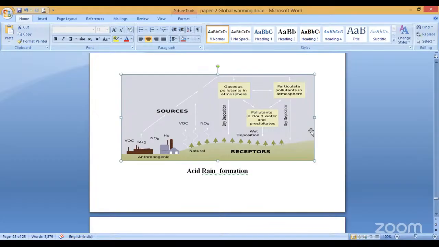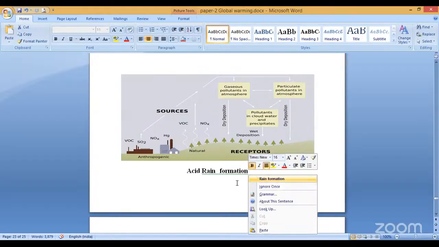Just wait. How the acid rain formation takes place. This is the pictorial representation about that.